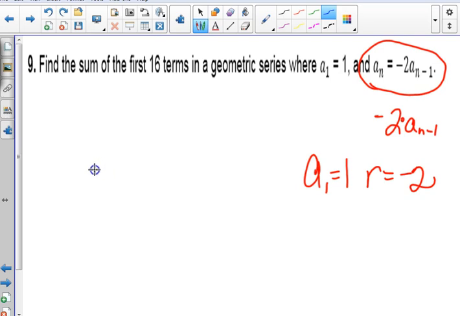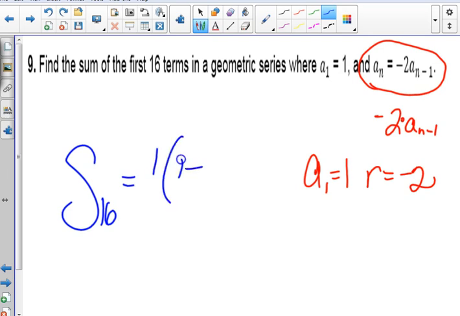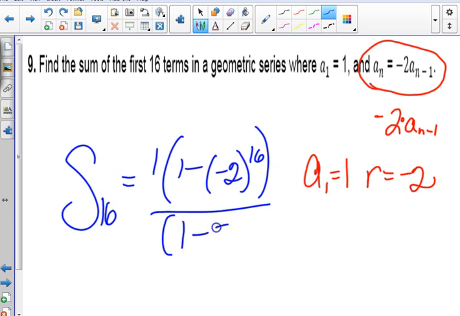Okay. Sum of 16. What am I going to type? And you can put extra parentheses on the bottom. You really don't need them.